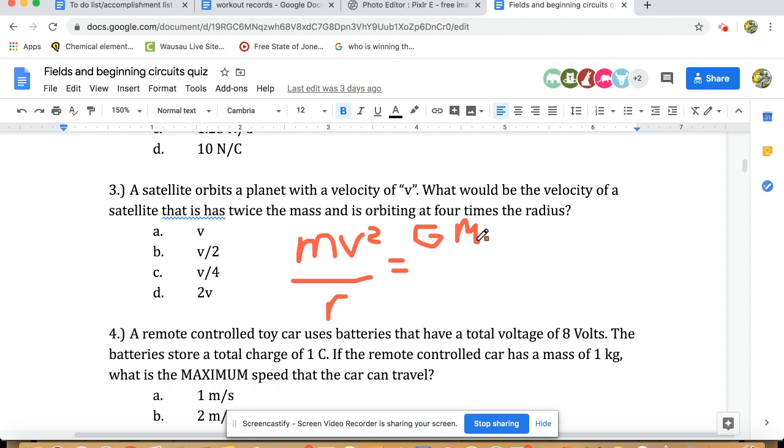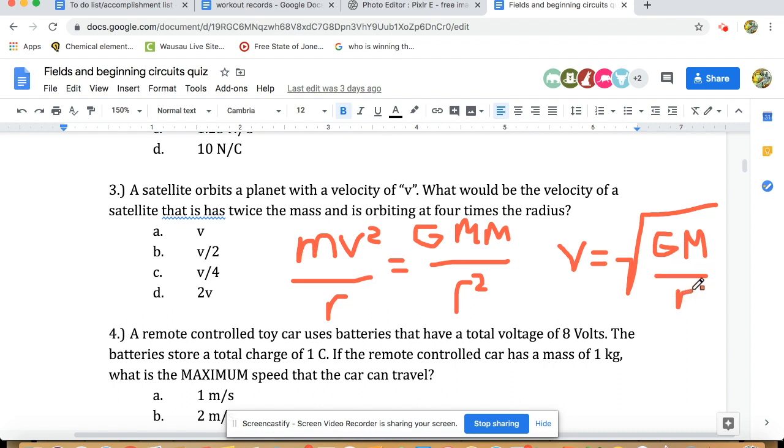So gravity is G M m over r squared, and centripetal force is m v squared over r. Now some of this stuff cancels out. So you can rearrange this to solve for v, where v equals the square root of G M over r, where G is a constant, M is the mass of the planet, and r is the radius of the planet.